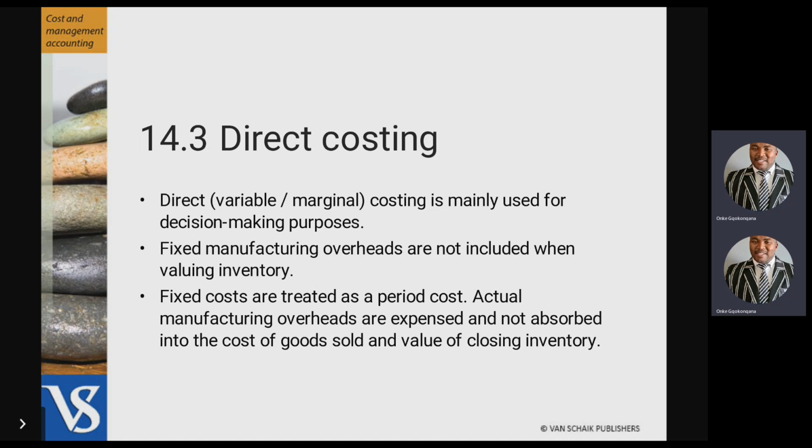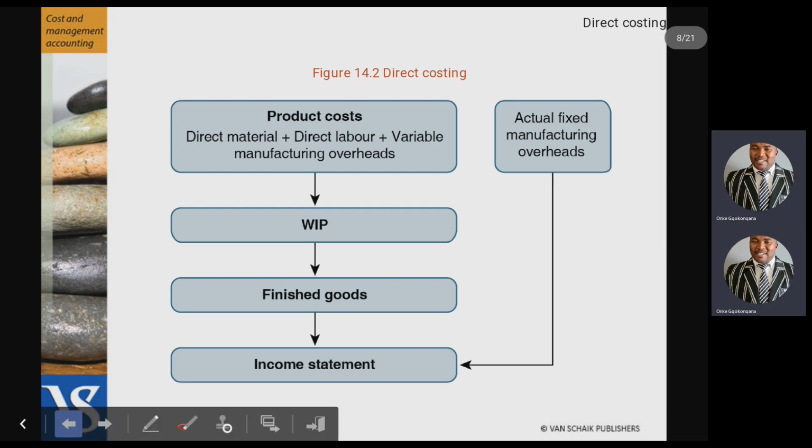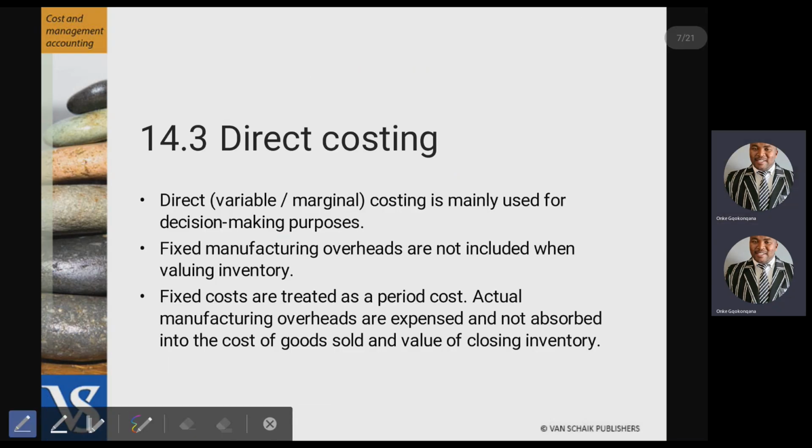But what are we talking about? Fixed manufacturing overheads are not included when valuing inventory. Fixed costs are treated as period cost. Can you see that difference between the two? As we've mentioned, this is how we find the difference between the two methods, on how we treat the fixed manufacturing overheads.